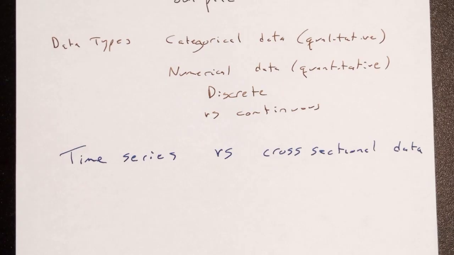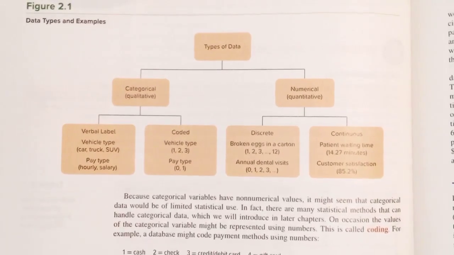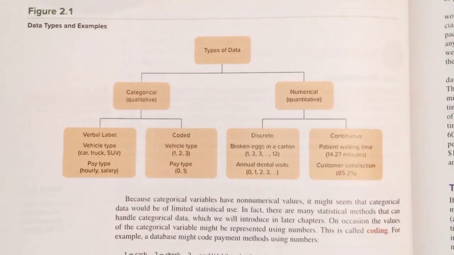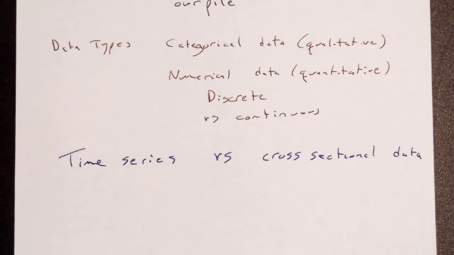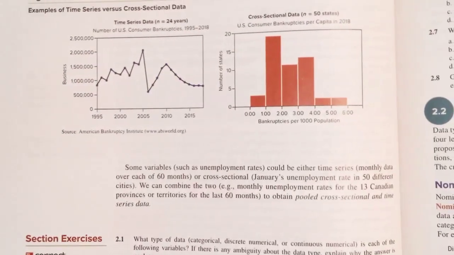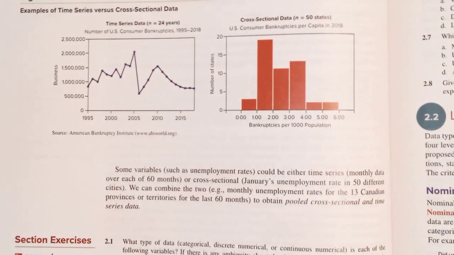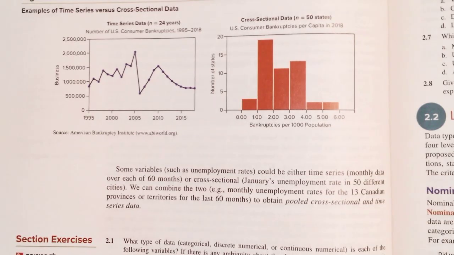All right. Let's see if we've internalized this a bit. Page 24. Nice illustration telling me about types. Time series versus cross-section. We'll often decide on the way we want to illustrate our data based on which it is.